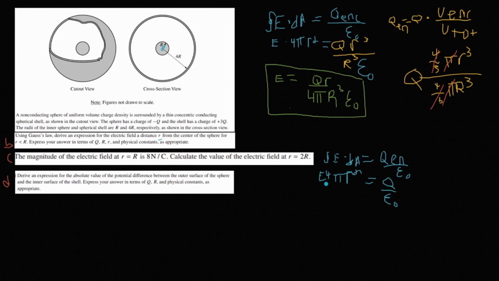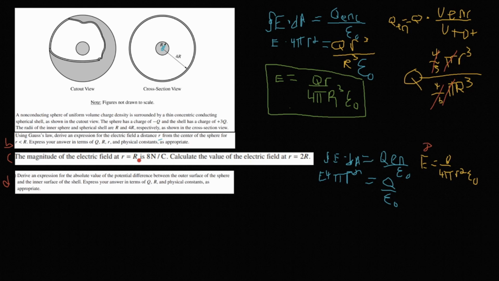And so now if we solve for E here, E is equal to Q over 4 pi r squared epsilon naught. And so if this is 8 at r is equal to r, we're just going to write 8 here.